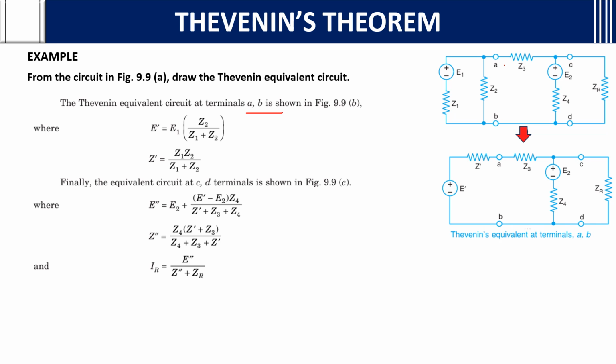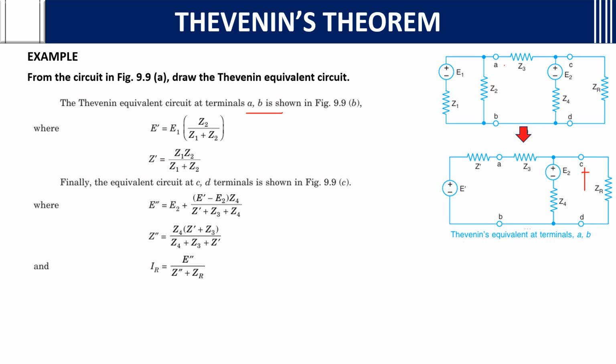So again we will find the Thevenin equivalent at points C and D. How to find it? We will eliminate this load. The Thevenin equivalent we want is at CD. Apart from that, the next network can be removed, and later on we can add it. For easy calculation, we are going to remove that.